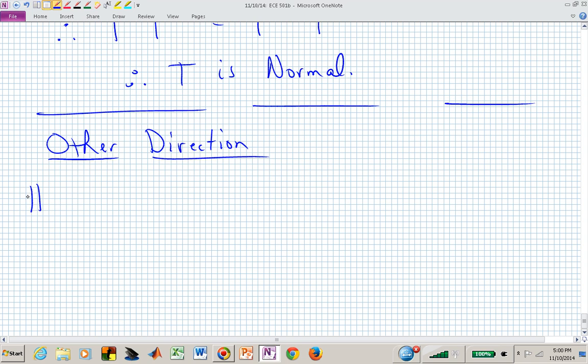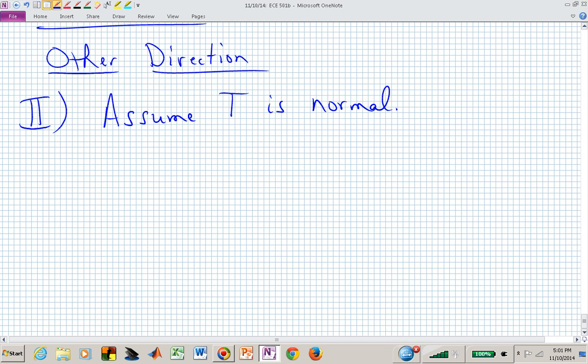This one's maybe not as easy to see, but now let's assume T. Maybe I shouldn't have even said that, huh? Maybe I just should have said 0 and move on. T is normal. That's the assumption that we're making.